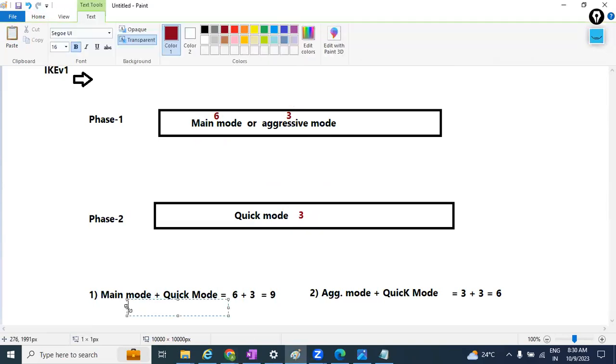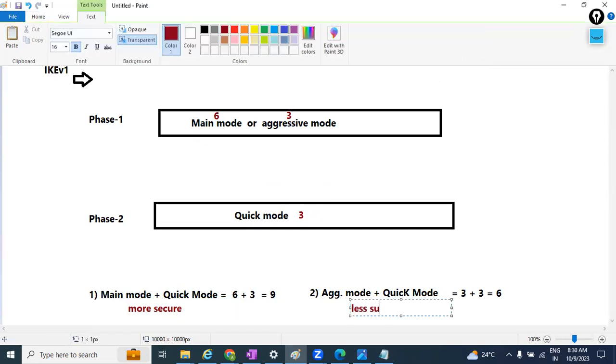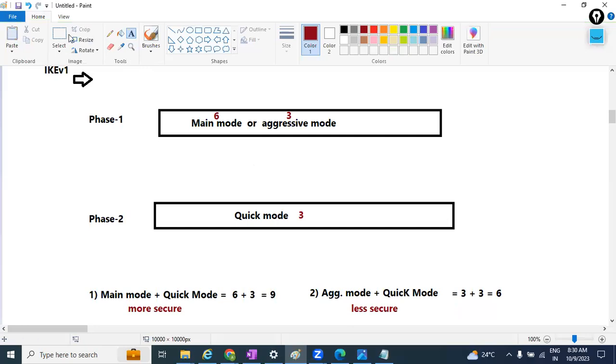Main mode is more secure, and aggressive mode is less secure. There are reasons that we will discuss in the classes. First, let's talk about the main mode and quick mode concept.